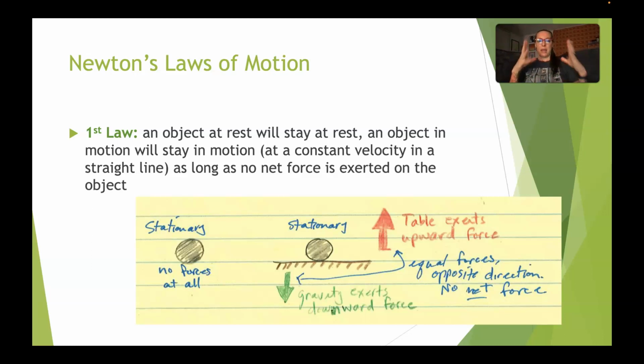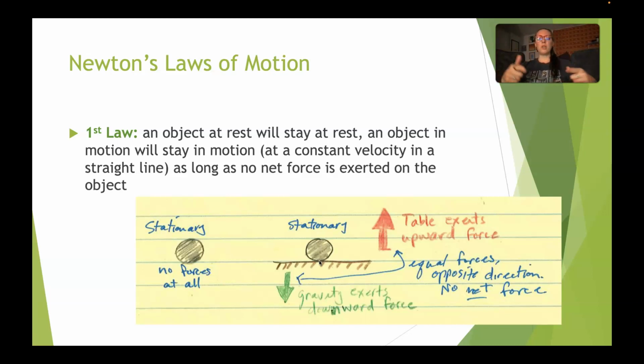Basically, if we're just sitting here doing nothing, no forces at all hanging out on my little ball here, then I'm going to stay still. But there's a really good point to make here on the right-hand side of this little drawn schematic: there are still forces acting on this ball, but none of them are overpowering the other.